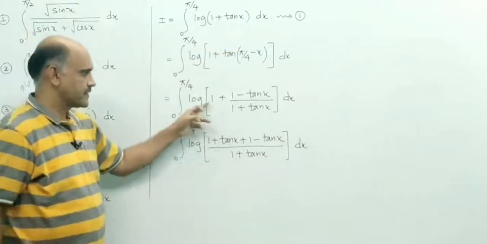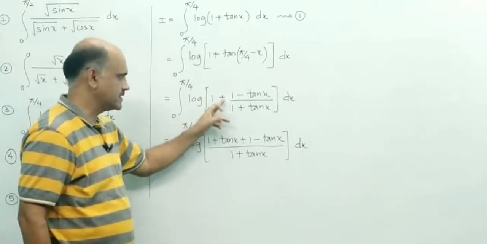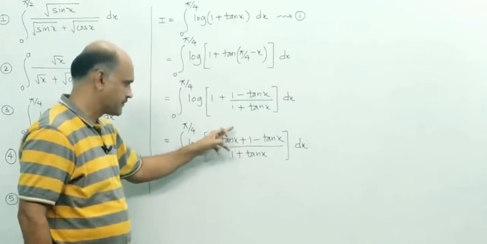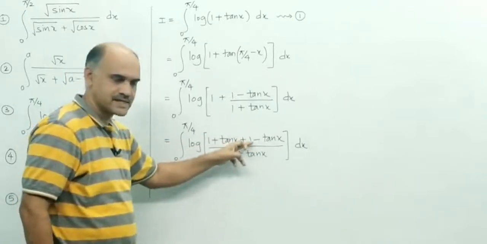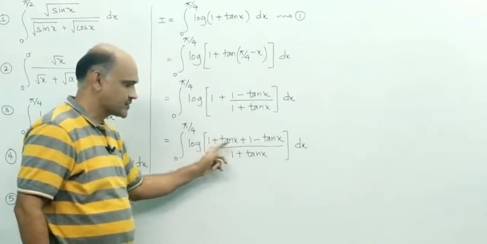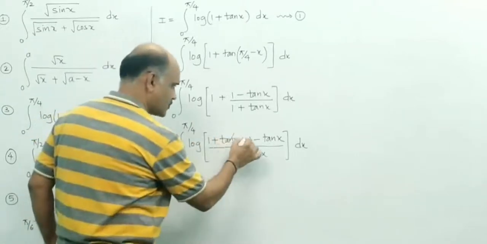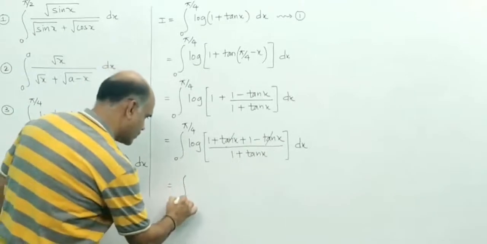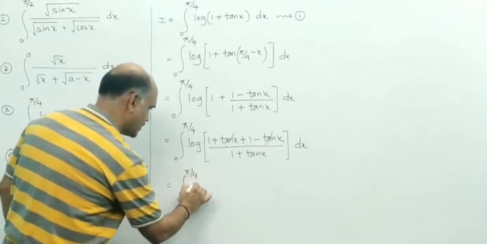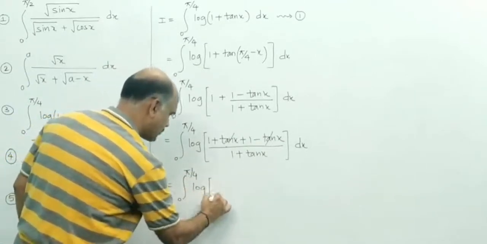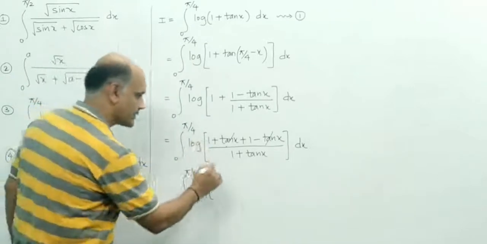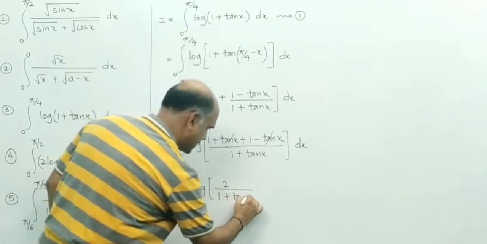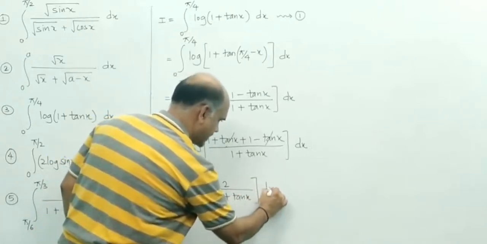So LCM I have taken: 1 plus tan x plus 1 minus tan x by 1 plus tan x. So plus tan x minus tan x gets cancelled. So you will have 1 plus 1, 2. So this will be equal to 0 to pi by 4 log into bracket, numerator will be 2, denominator will be 1 plus tan x bracket complete dx.